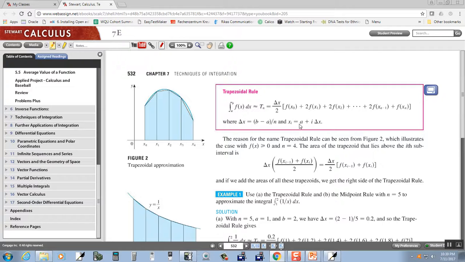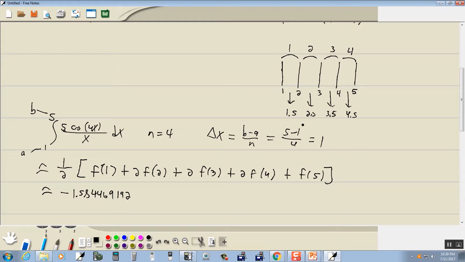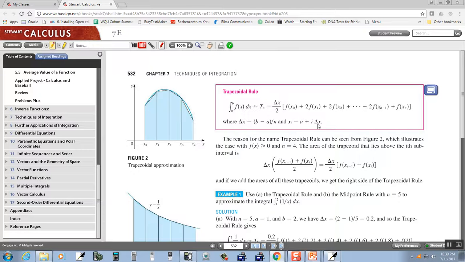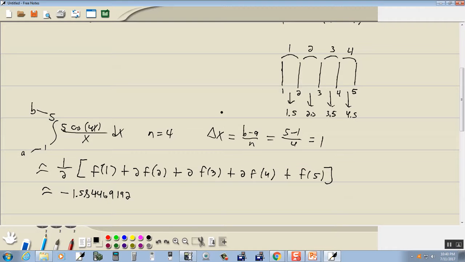X sub i is equal to a plus i delta x. But if we're splitting it up into four even pieces again, what would a be? 1. And delta x was, I should double check that.